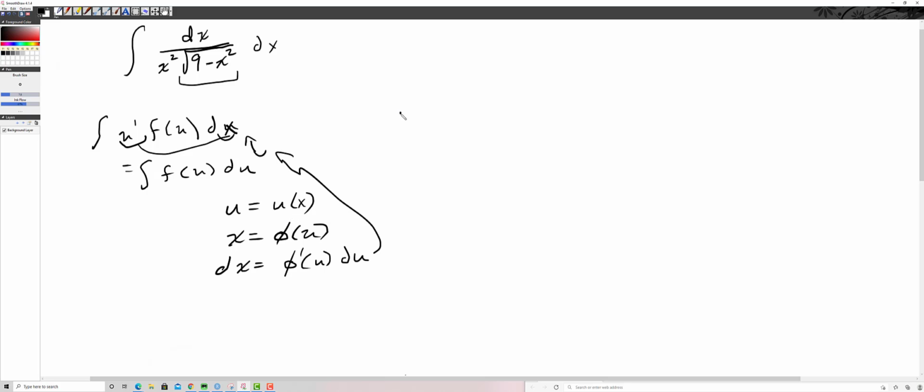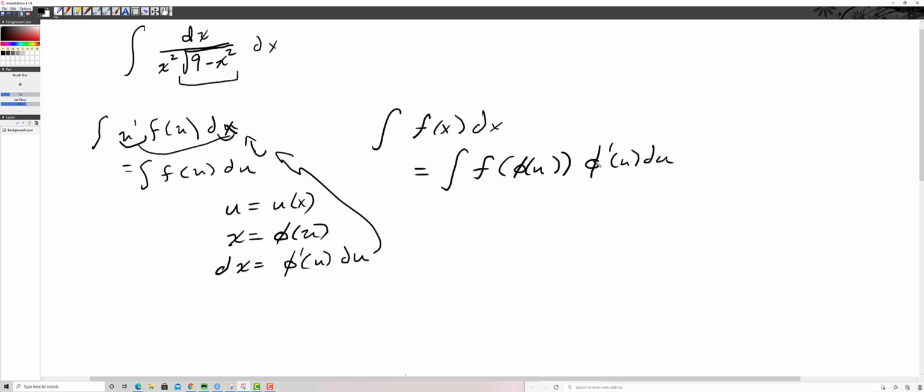So for instance, if you had really any f of x dx, it's the same thing as f of phi of u times phi prime of u du. If you look at this and this, you'll see that it's the same thing, what I'm saying.